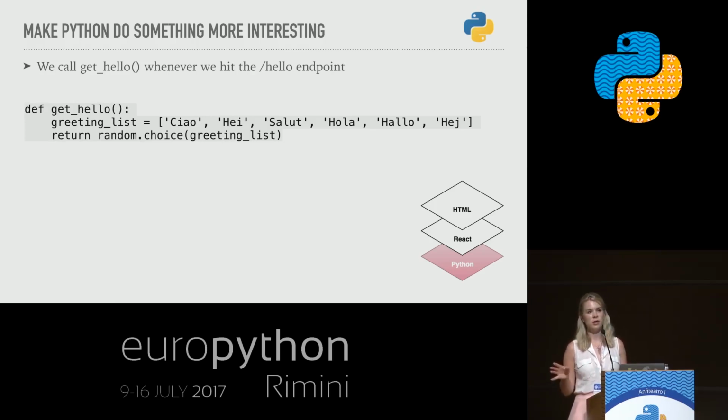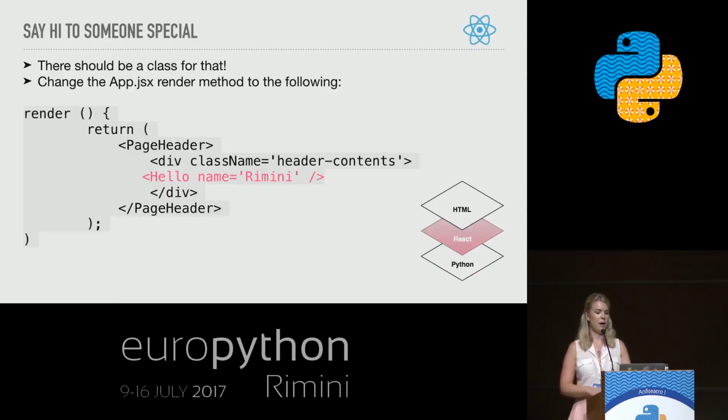Notice that there is no English hello, because then we would have to update our code in about a year to remove it anyway. And we just return a random word from that list. I think it's nice to be able to say hello to someone special instead of saying just a generic hello. So we are actually going to be making a few changes to our React code here.